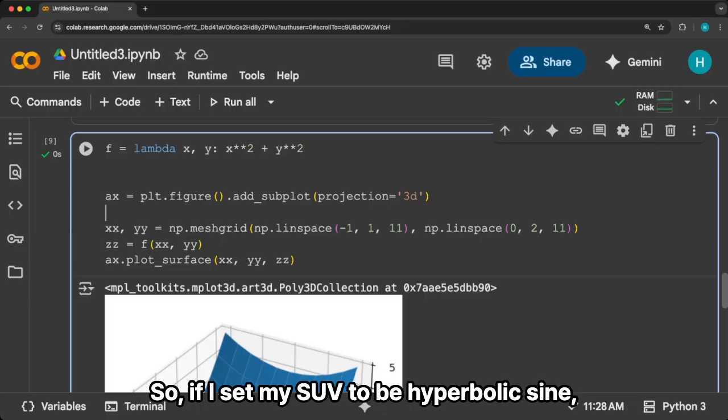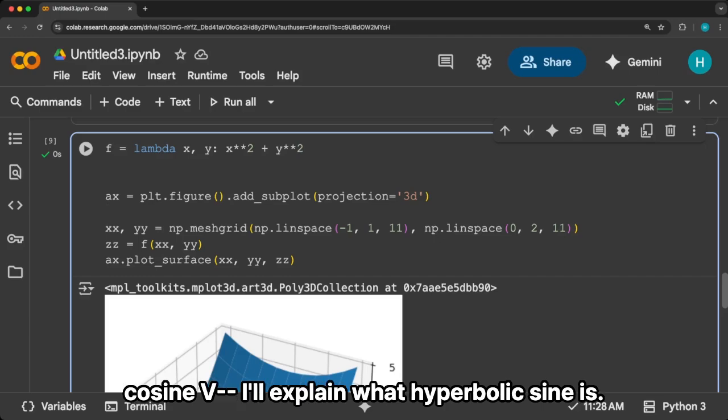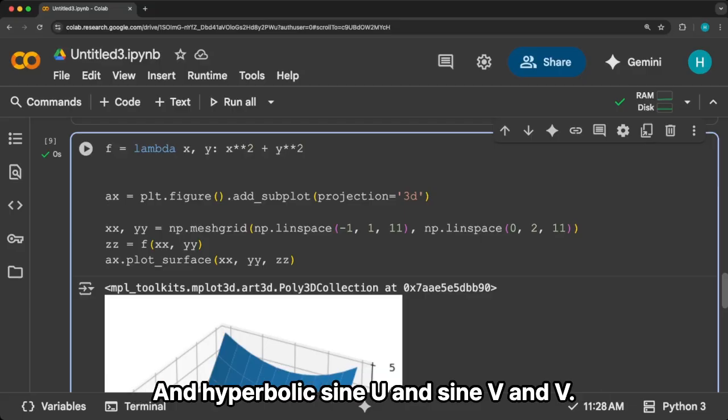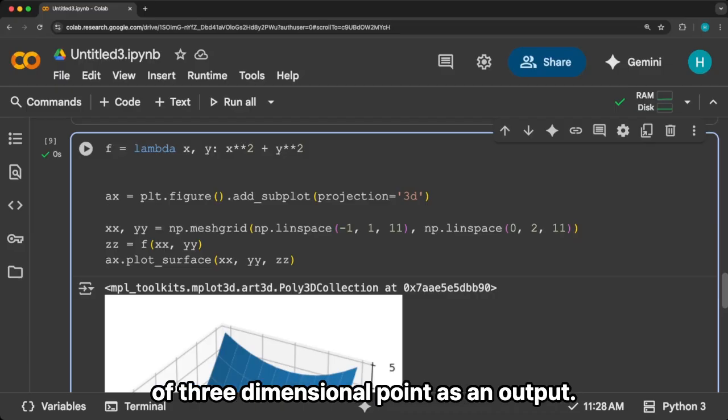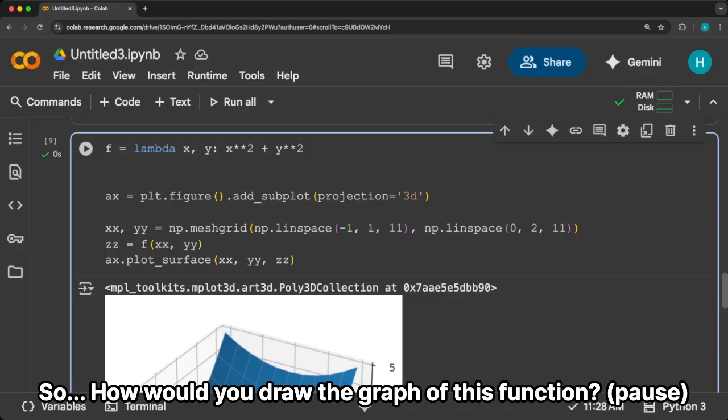If I set my S of u, v to be hyperbolic sine u times cosine v, I'll explain what hyperbolic sine is, then hyperbolic sine u times sine v, and v. So this is the x coordinate, this is the y coordinate, and this is the z coordinate of the three-dimensional point as an output. So how would you draw the graph of this function?